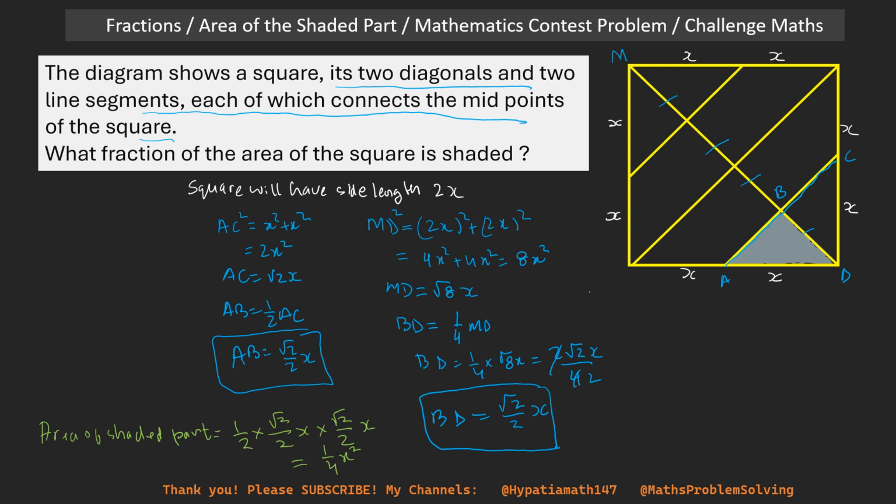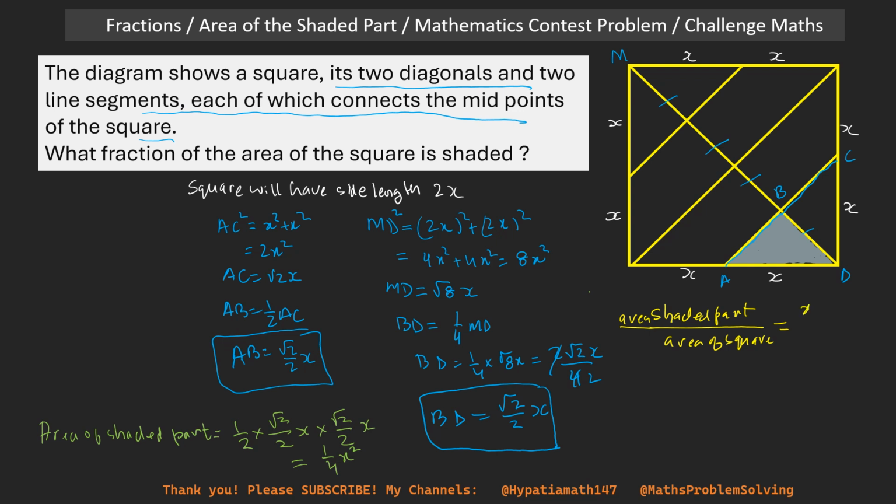Now I have to find what fraction of the square is shaded. As a fraction, I'd do the area of the shaded part divided by the area of the square.